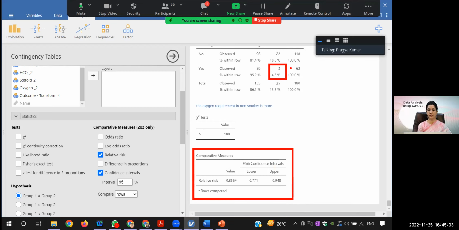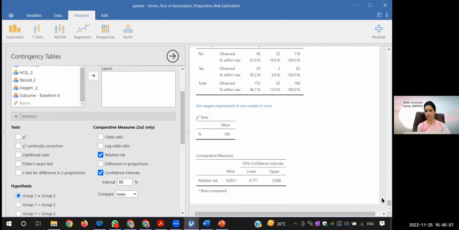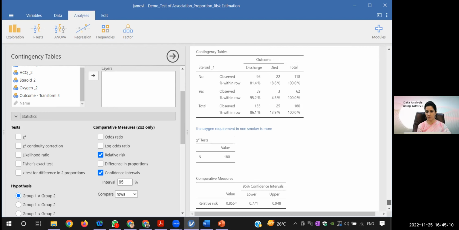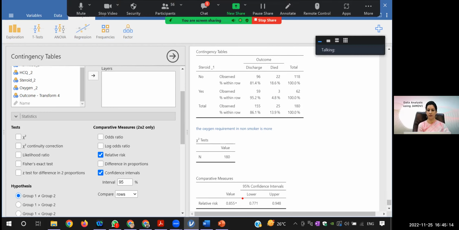So this tells you that the risk of, if you go up, I will again, because that is not visible. Yes. So what do we mean by this 0.865? This 0.865 says that the odds of the steroid, application of steroid in people who have died, it is 0.865.